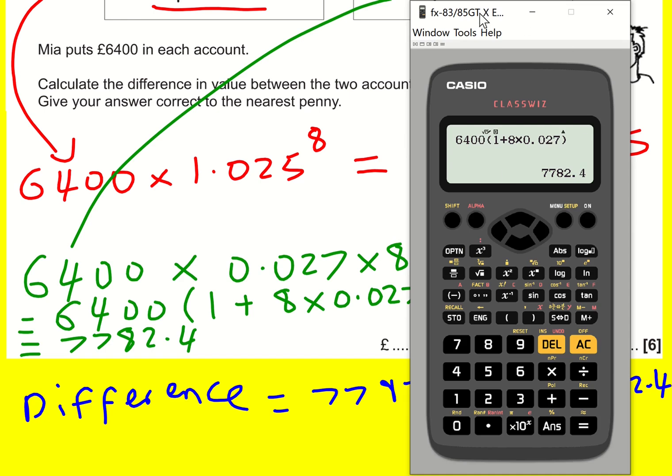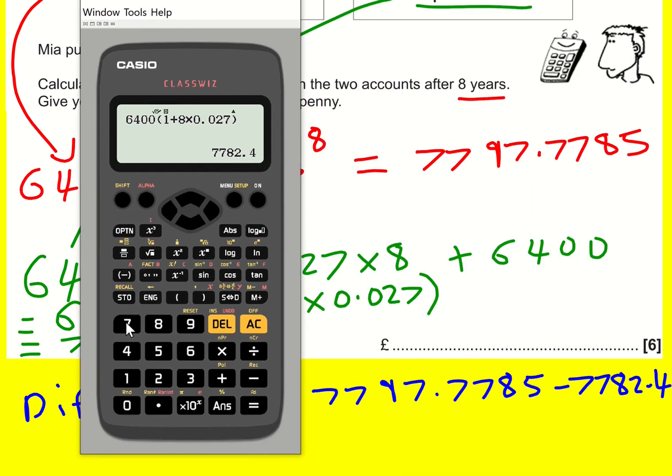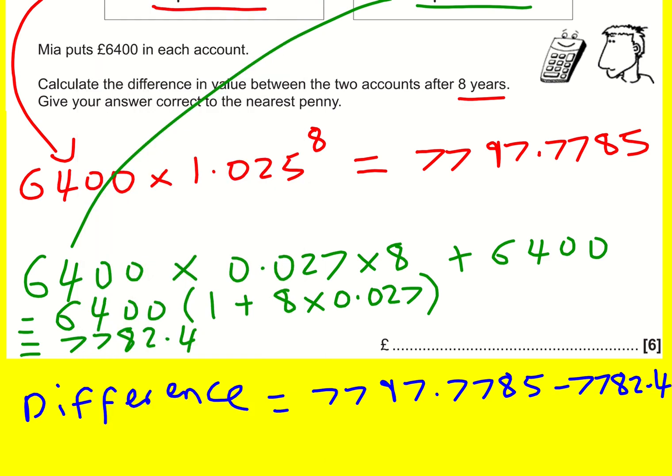Well, I've actually got that one stored on my calculator, so I can use the answer button. I can do 7797.7785 minus the answer, 15.3785. And to the nearest penny, that will be £15.38.